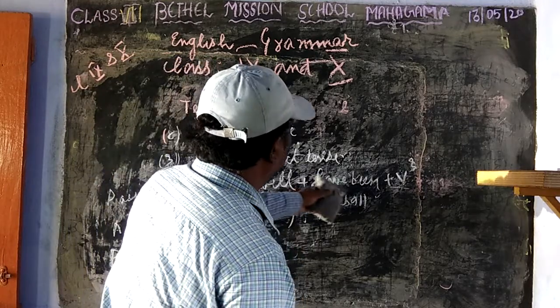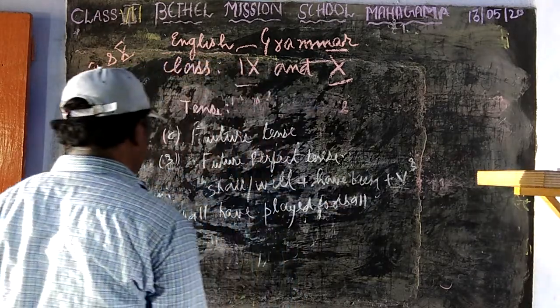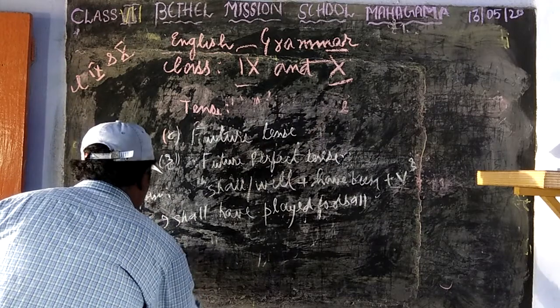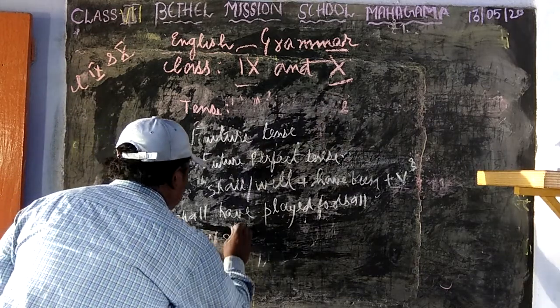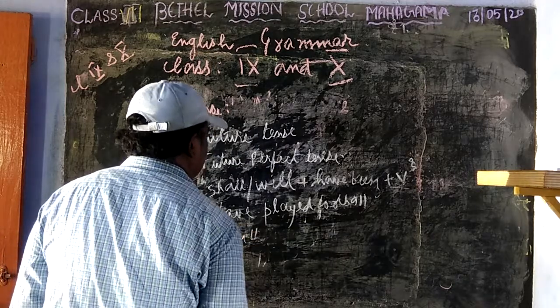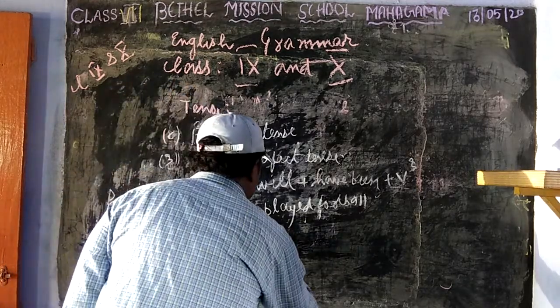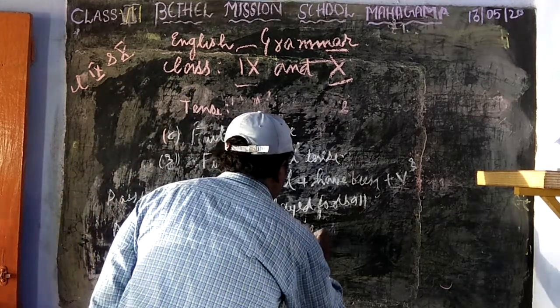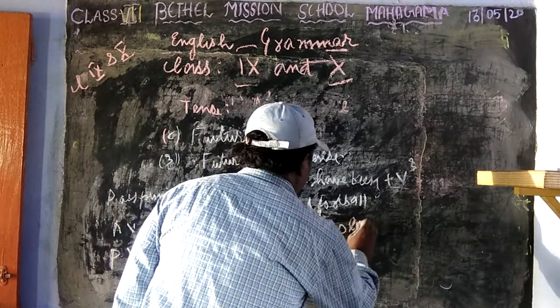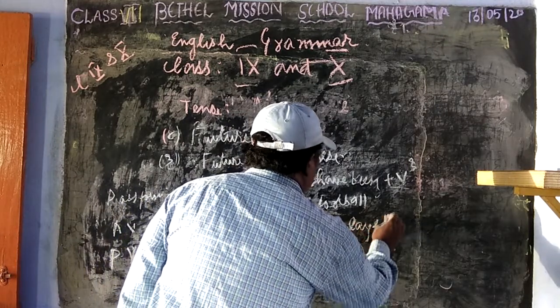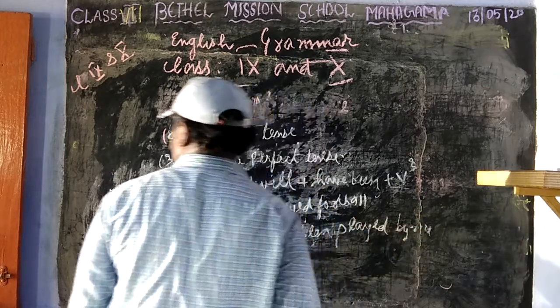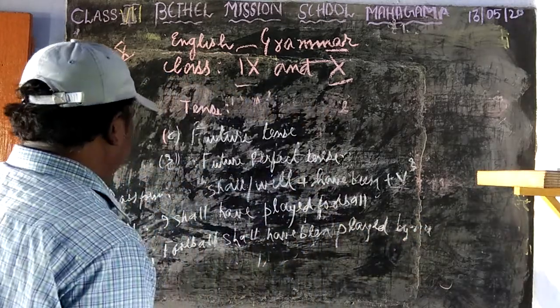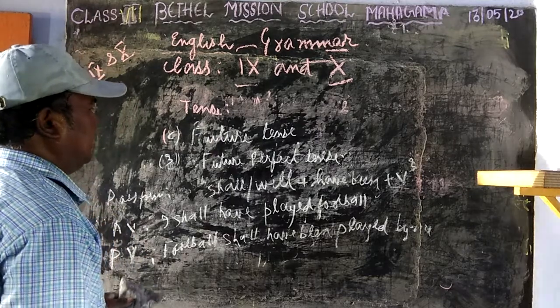Football shall have been played by me. That is the example in passive voice in future perfect tense.